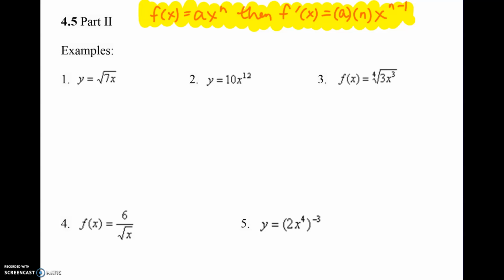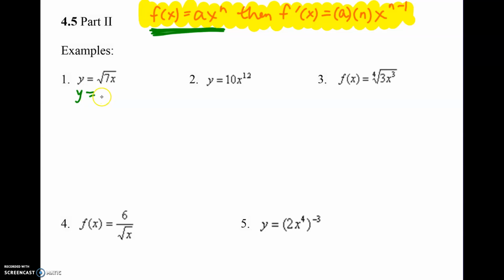So number 1, we're looking at y is equal to root 7x. Again, we want the function to be written in this form. We've got a coefficient, we've got an x to a certain power. Here we see this is not in the exact form, so we need to manipulate this a little bit.